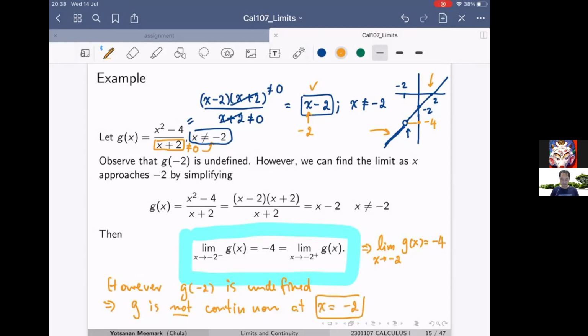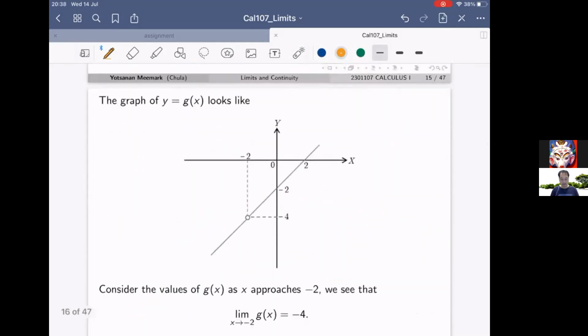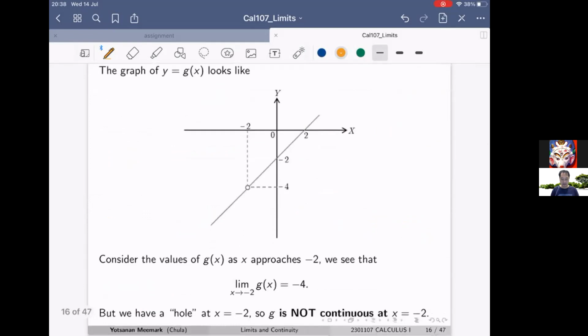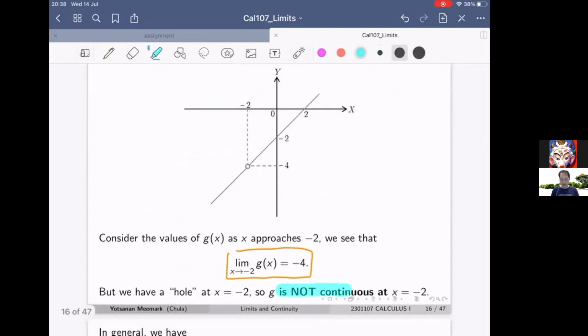So here is the graph, and the limit that we just talked about, and also the conclusion about the continuity, that your g is not continuous at x equals to -2.